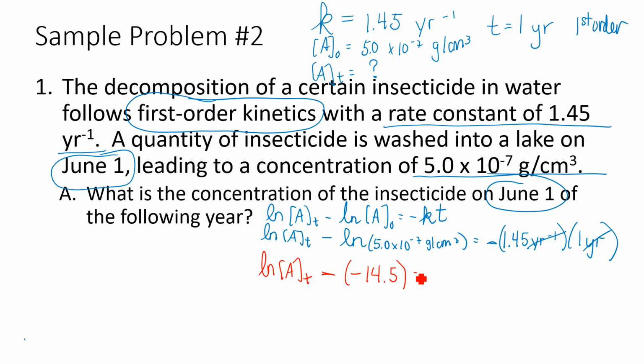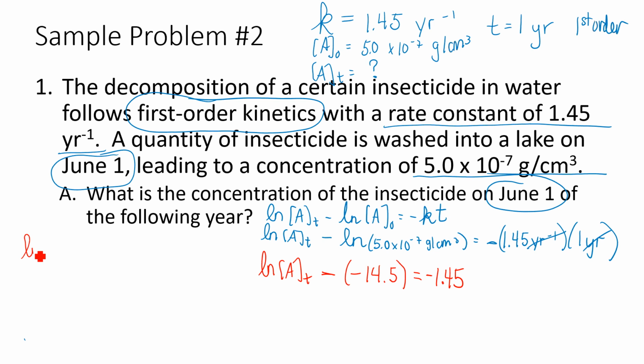And then over here on the right, this is -1.45 times 1, so -1.45. These values are both unitless. Over here, that's because the years canceled out, and over here on the left, it's because it's a log value. So I'm just going to write that over here to the side.